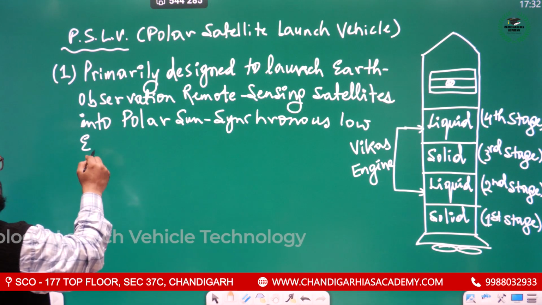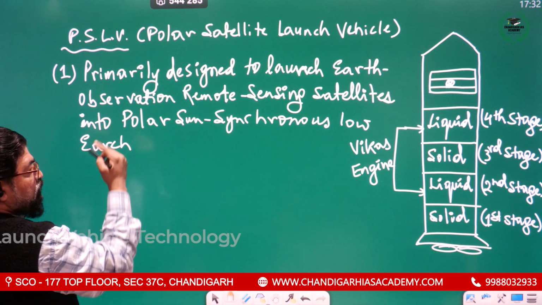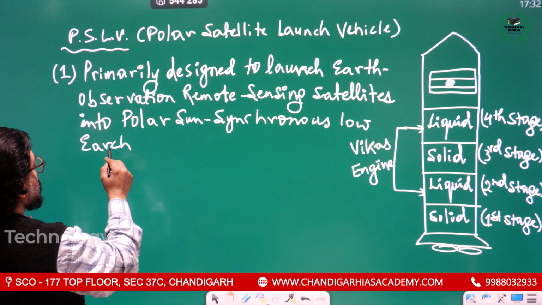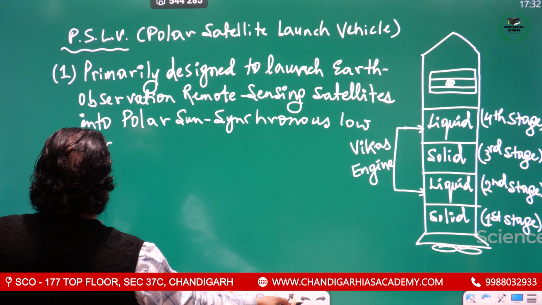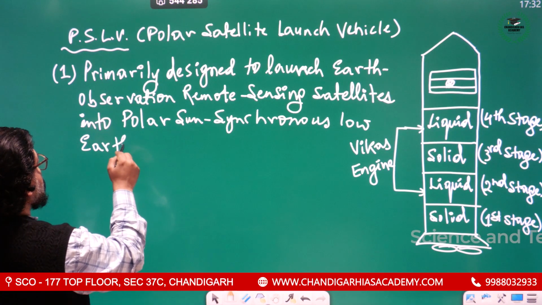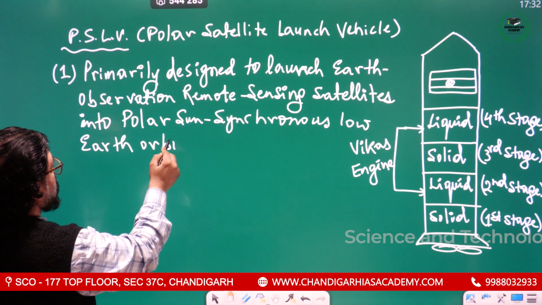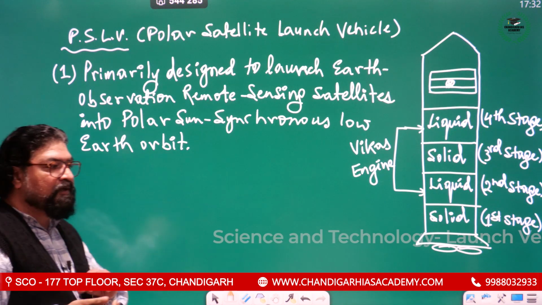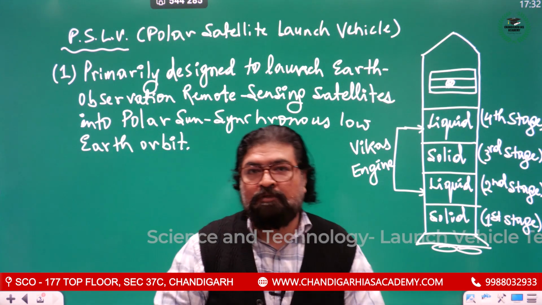Polar means going from the North Pole to the South Pole. The main purpose of developing the Polar Satellite Launch Vehicle was to put satellites in a polar orbit.